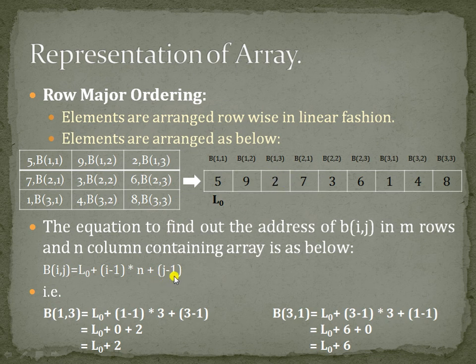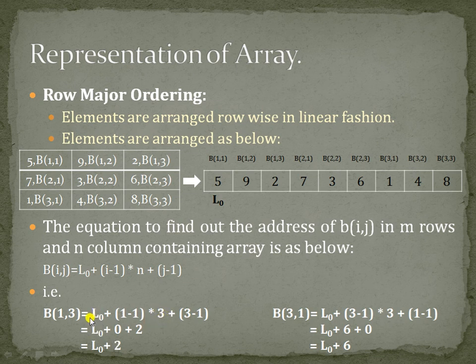For example, if I would like to calculate the address of B13, which stores value 2, it can be calculated using this formula: L0 plus (1 minus 1), where 1 is the row value, i, and 3 is the column value, j. Here n, which is 3, represents the total number of columns in the array.